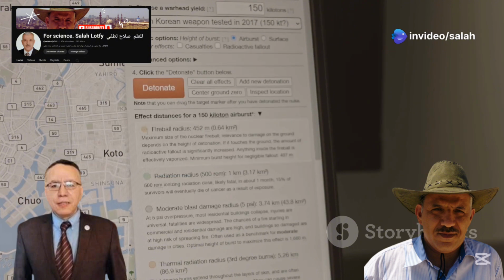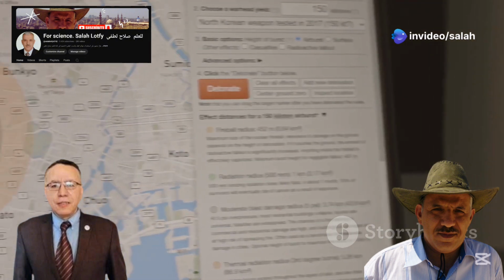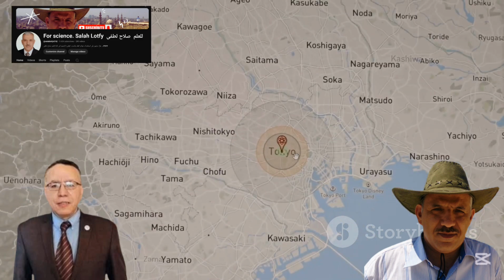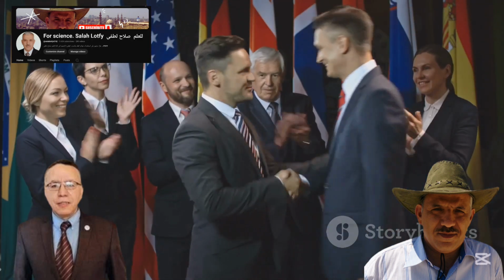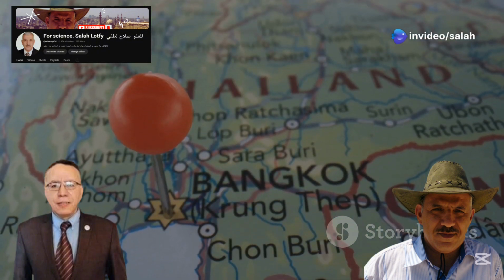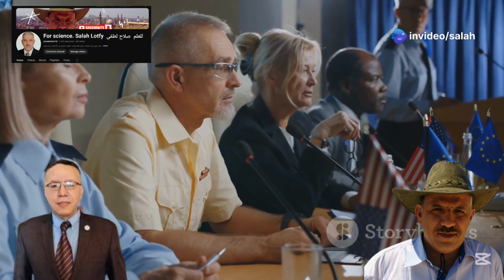Then there are nuclear weapon-free zones, or NWFZs, which are regions where nuclear weapons are completely banned. These include Latin America under the Treaty of Tlatelolco, Africa under the Treaty of Pelindaba, and Southeast Asia under the Treaty of Bangkok. These agreements reduce global stockpiles and prevent new nuclear states from emerging.